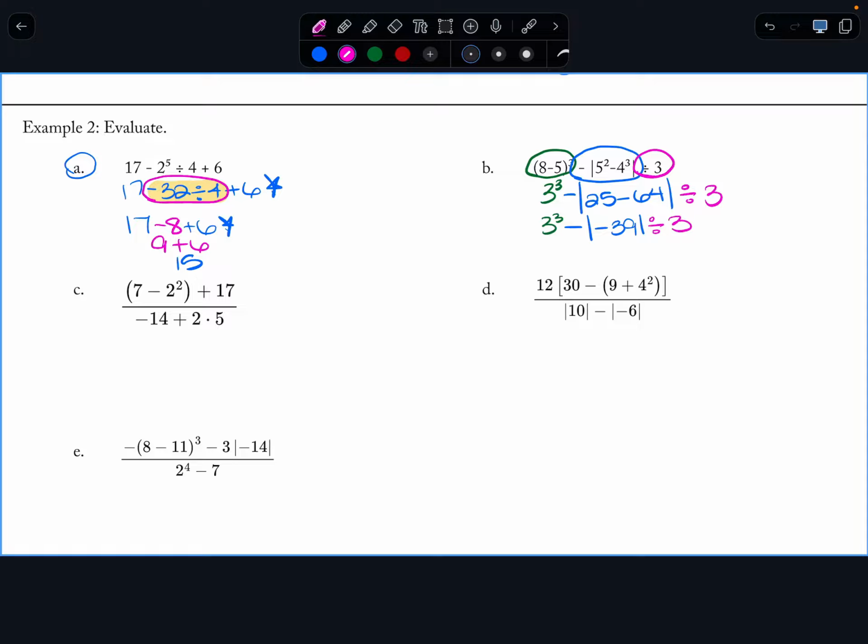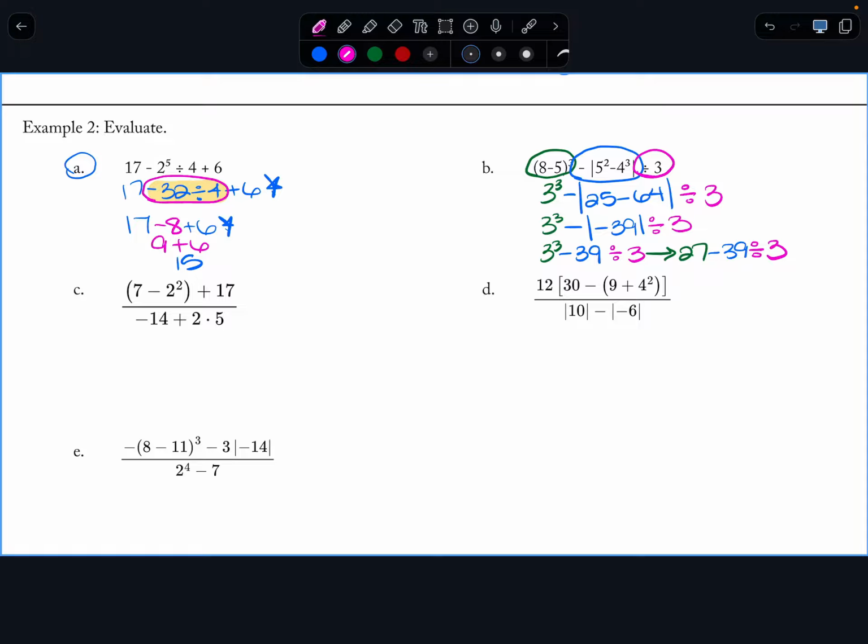And then divided by 3. So then I have a 3 cubed minus a positive 39 divided by 3. So I get 27 minus 39 divided by 3.